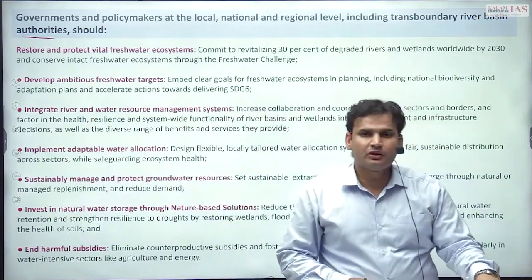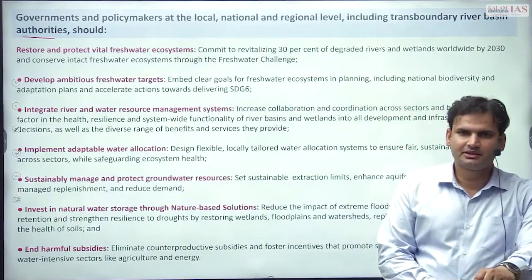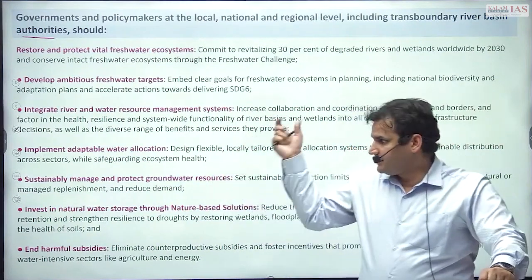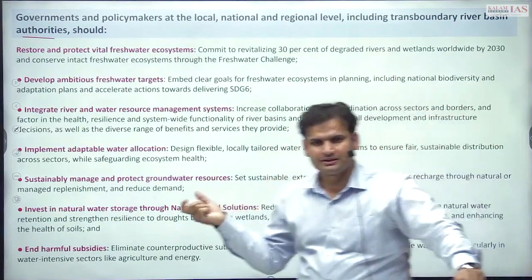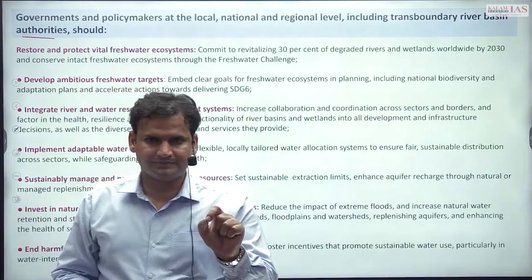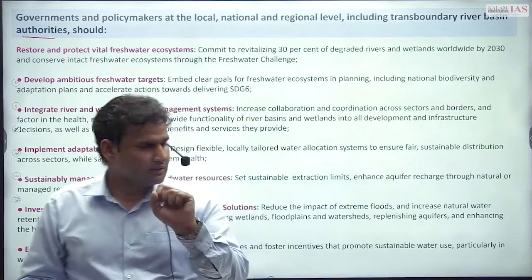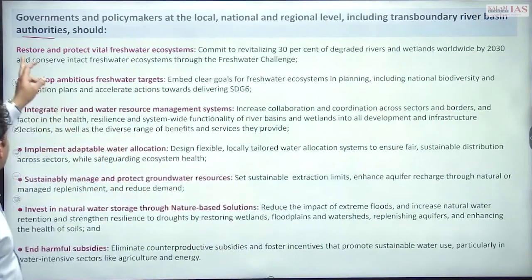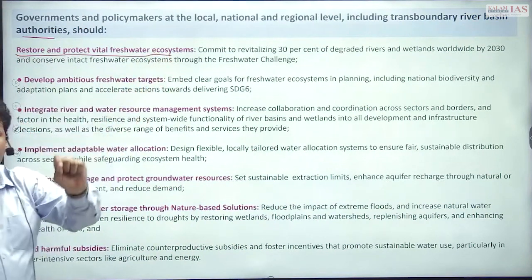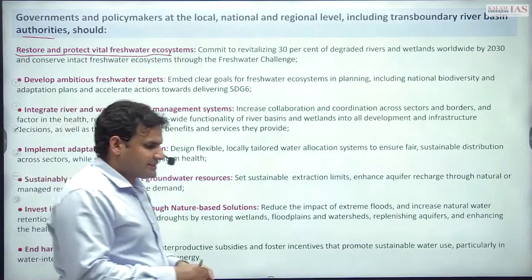The scope for answer writing in the examination is only 150 to 250 words. So we will select the keywords, or if there is a report with recommendations, how to choose the keywords, right? So first things first, restore and protect vital freshwater ecosystems. Now there is something about CBD.